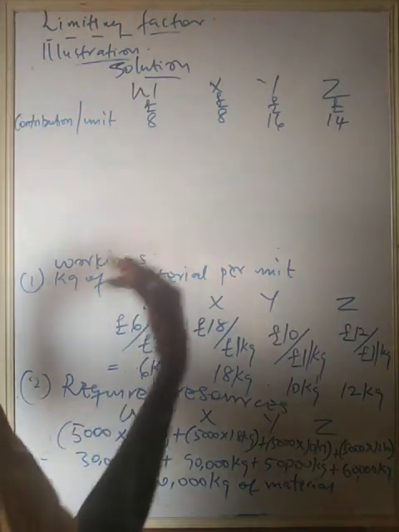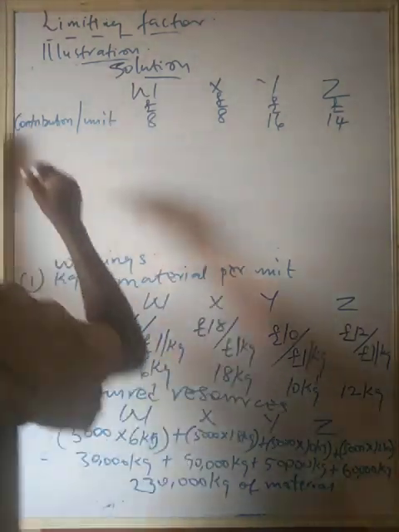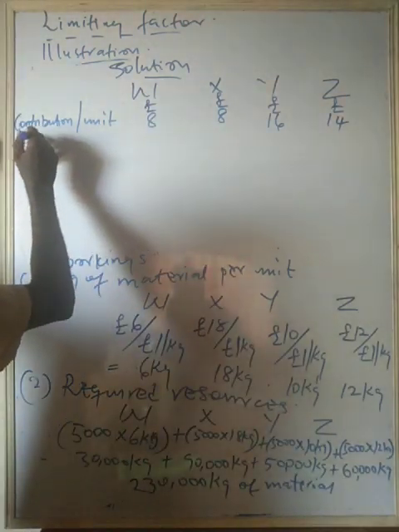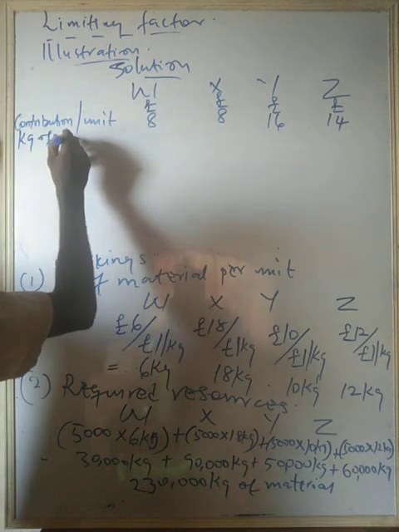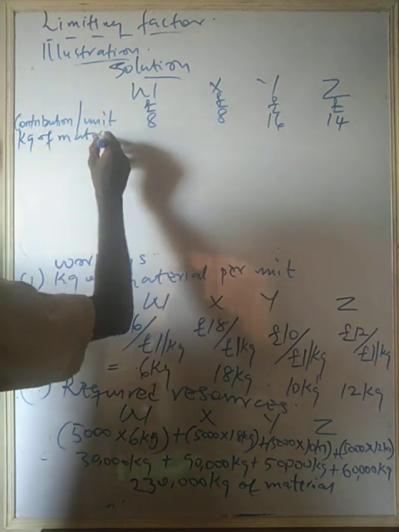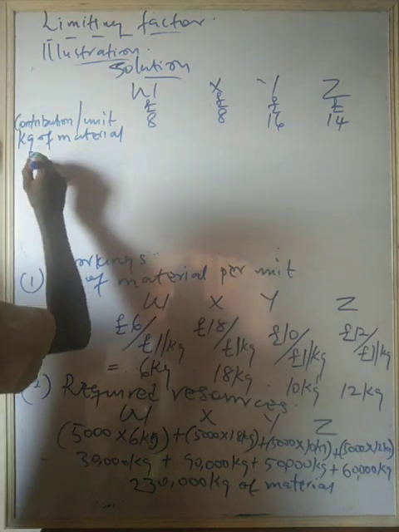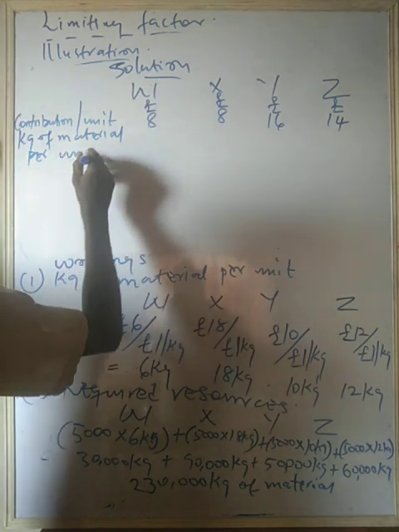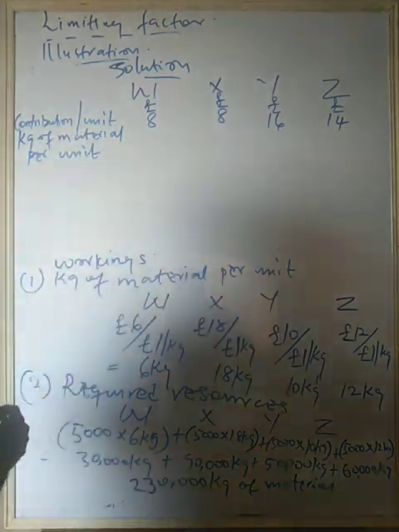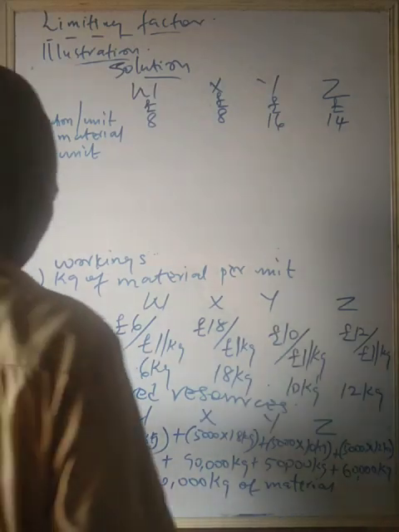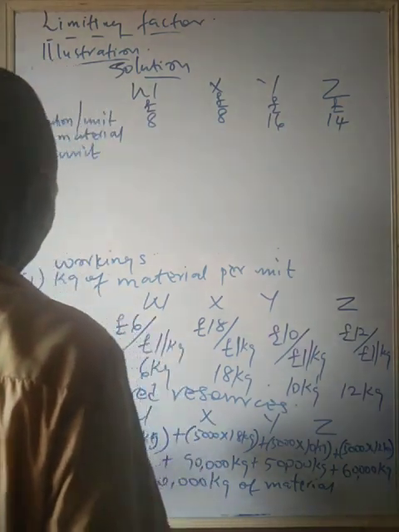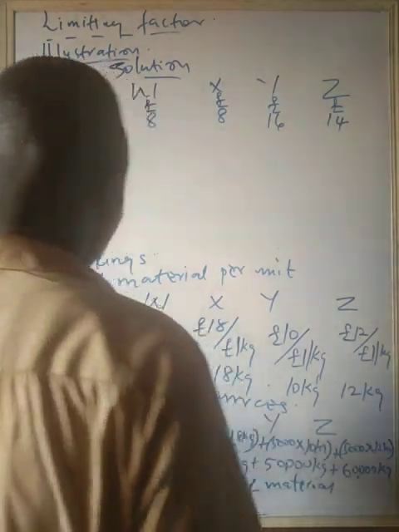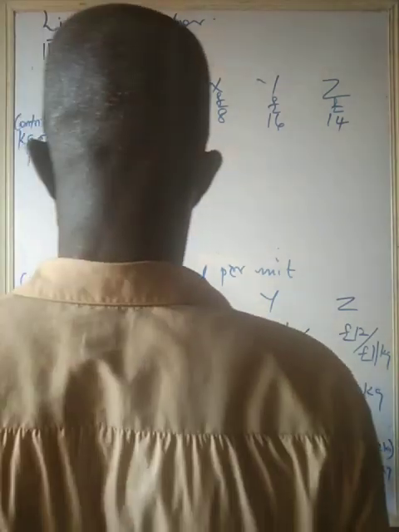Our kg of material per unit. And that is what do you have there? You have kg of material per unit.